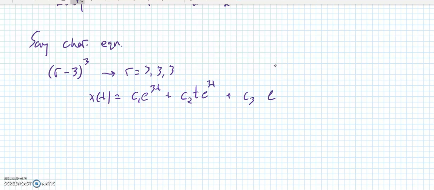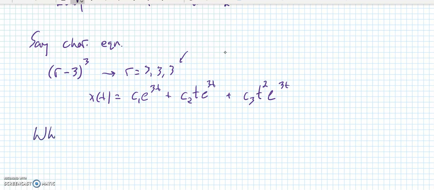And then for this one, I have to take e to the 3t, because it has to have that in it. And then what do I put on it? How do I make this guy right here linearly independent from that and from that, right? It has to be linearly independent from those individual pieces. Well, you probably guessed it. I just put a t squared, right? That'll work every time.